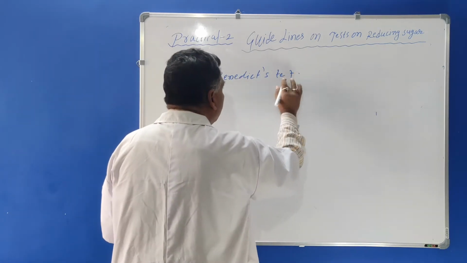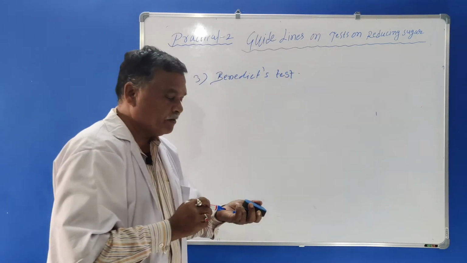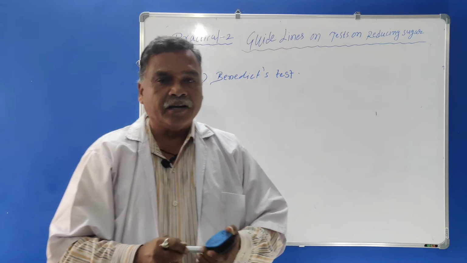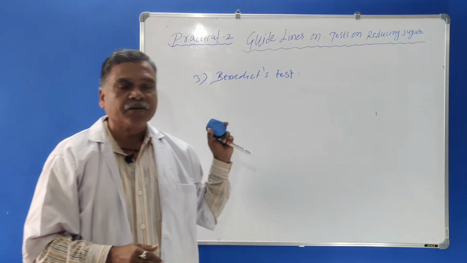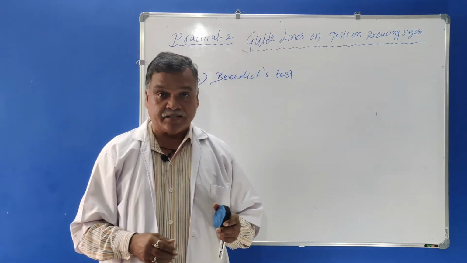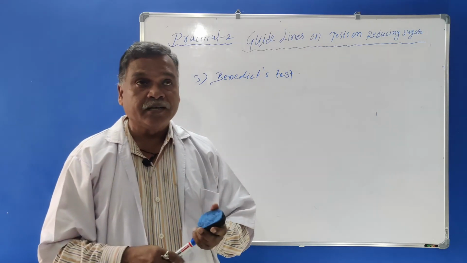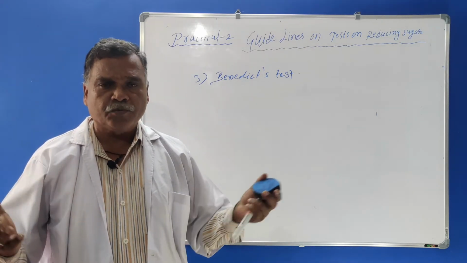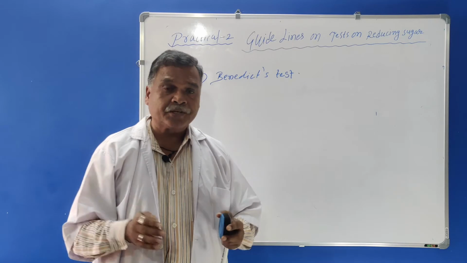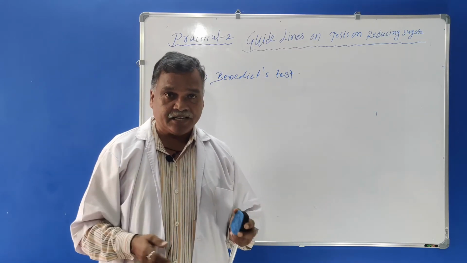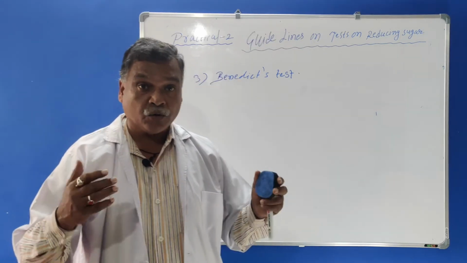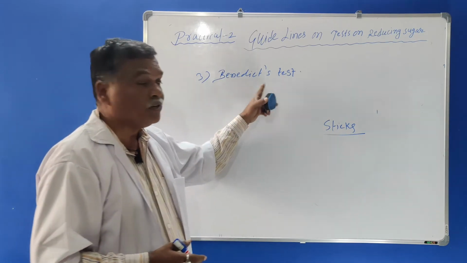Now this Benedict test is very important. It is very general. Nowadays this test is done for diabetes patients. There are too many diabetic patients. So a person with diabetes can do it at home also. The Benedict test is a manual test.